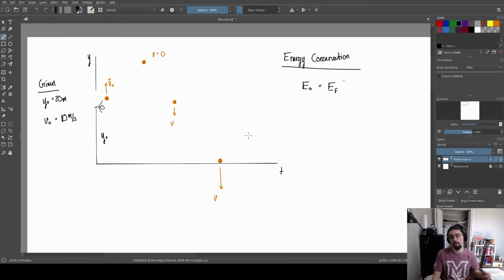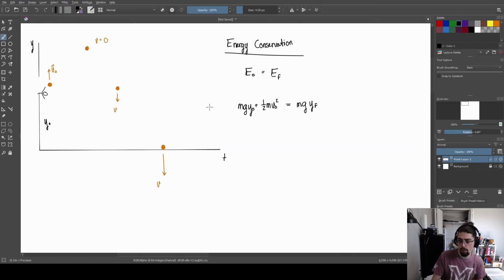So, for example, let me look at my very top point right here. Any energy that I started with, mgy, potential energy, plus the kinetic energy that we started with, 1/2 m v0 squared. That's our starting energy. At the very top, we know that all goes back into potential energy. Our velocity is 0. So we say m, g, y final. The m's cancel out.